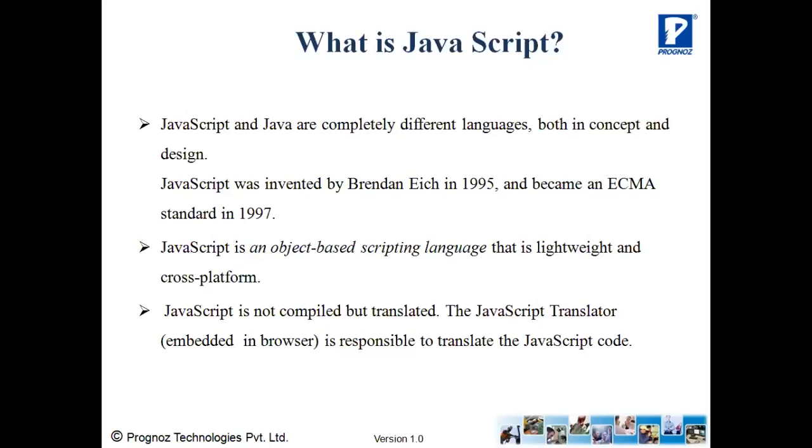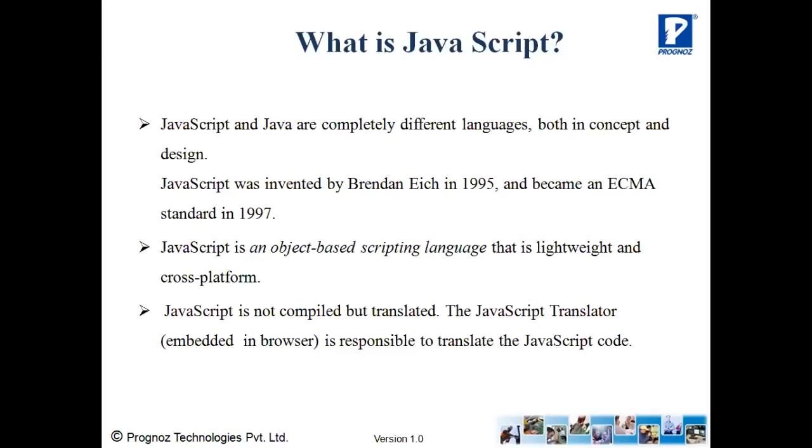Now if I'm saying that JavaScript is responsible for performing some kind of action, it means here we will perform dynamic operations. In general, for performing dynamic operations, we always make use of a programming language. In case of programming languages, we always need a compiler or interpreter which will perform the execution task.